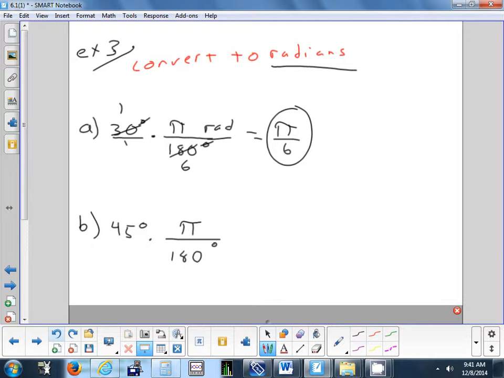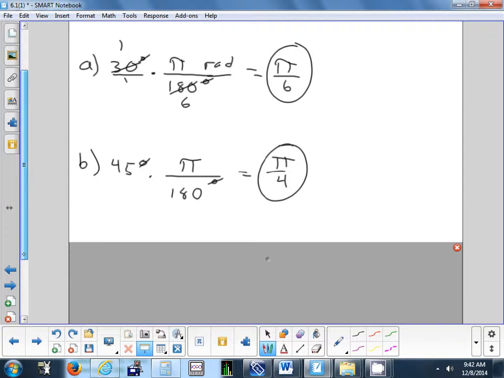I'm going to stop writing RAD because you're not going to see that in the book. You might see it occasionally when they're starting out with some conversions, but in the homework problems, they won't have it. So degrees cancels. Anybody think they can tell me my final answer as reduced as possible? Pi over 4. Good.